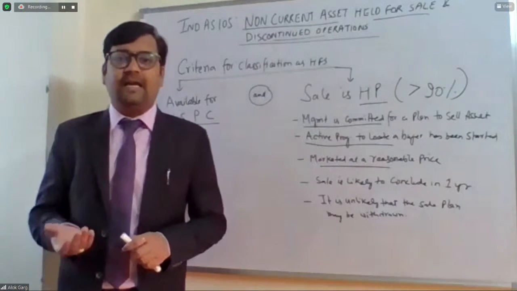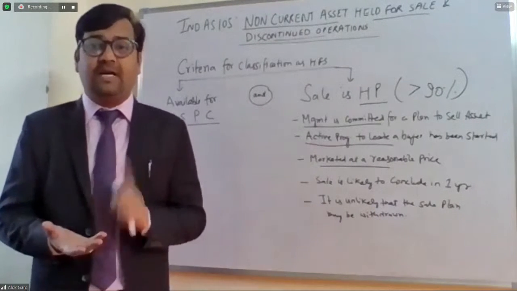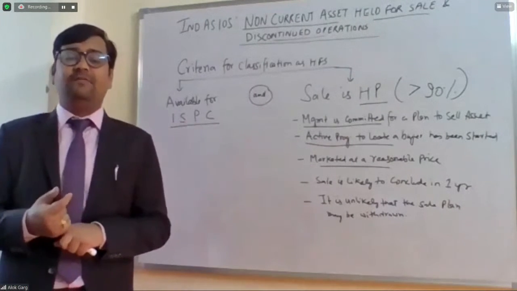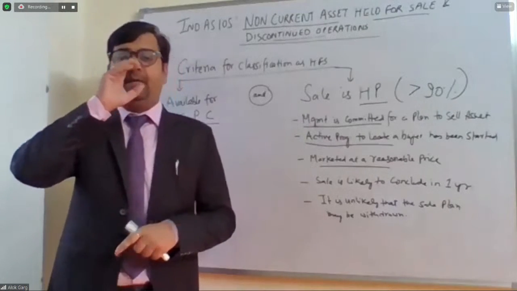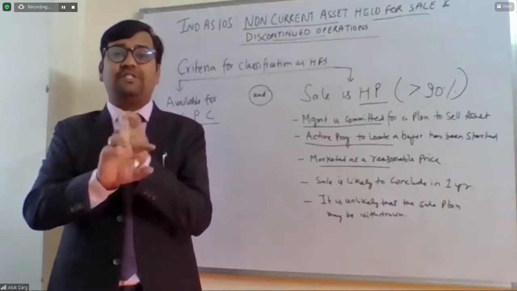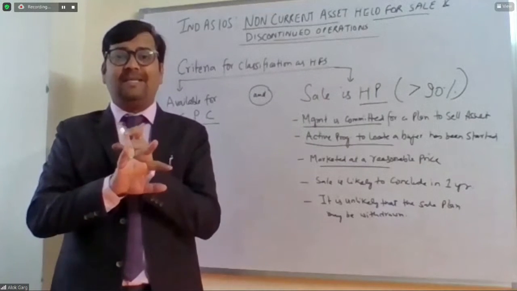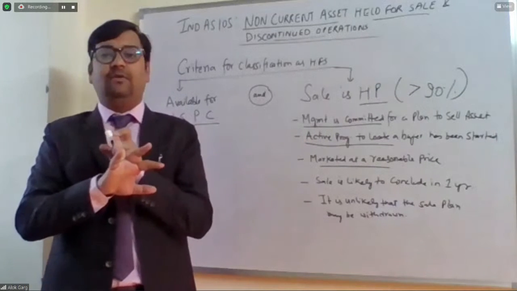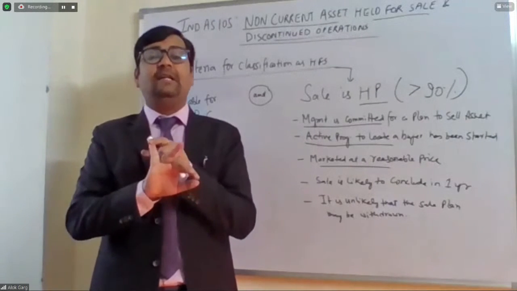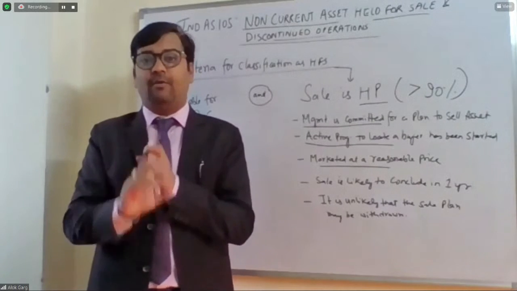Highly probable means there is more than 90% chance of the sale materializing, when these 5 conditions are satisfied. First, management is committed. Second, an active program to search for a buyer has been started. Third, the asset has been marketed at a reasonable price. Then the sale is likely to conclude in 1 year, and it is unlikely that the sale plan may be withdrawn.